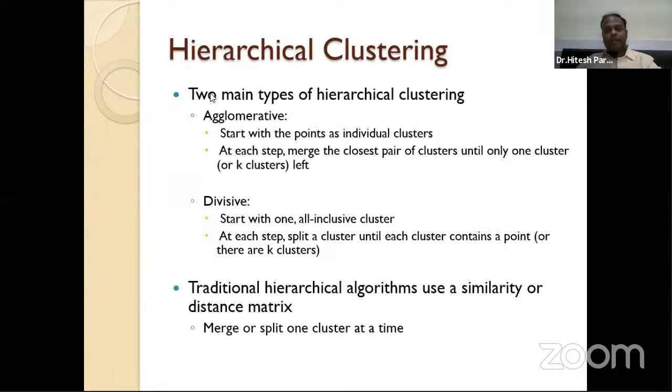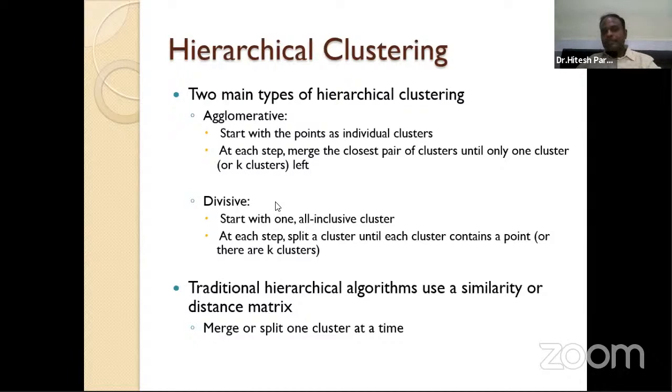Within the hierarchical, you again have two options, agglomerative and divisive. In agglomerative, we start with the points as individual clusters, and at each step merge the closest pair of clusters until only one cluster is left. The example that we took was agglomerative.